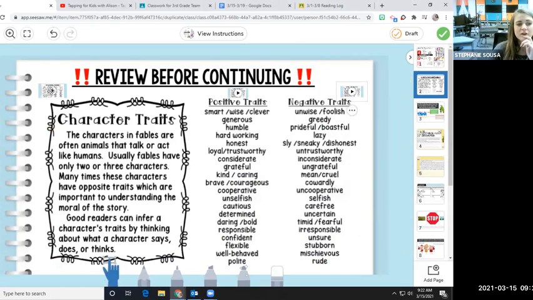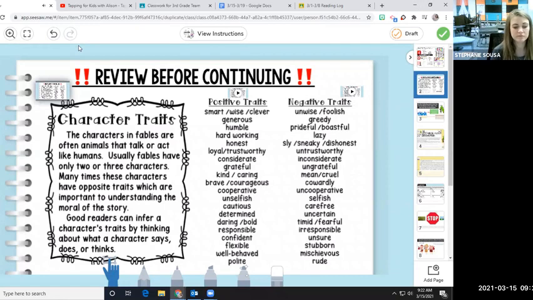Remember that character traits can be positive or negative. Okay? So we have a list of positive traits here. We have a list of negative traits here. Think about these traits as you listen to this description. Review before continuing. Character traits. The characters in fables are often animals that talk or act like humans.